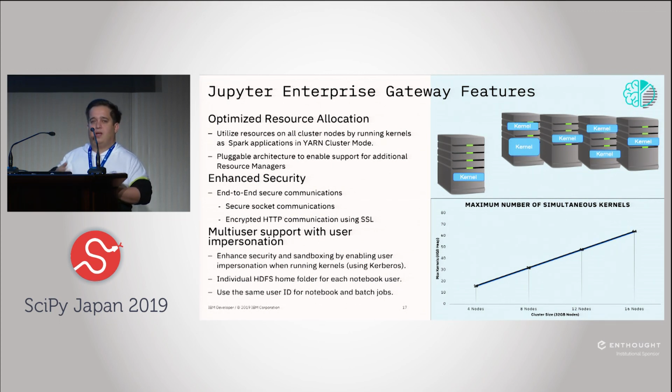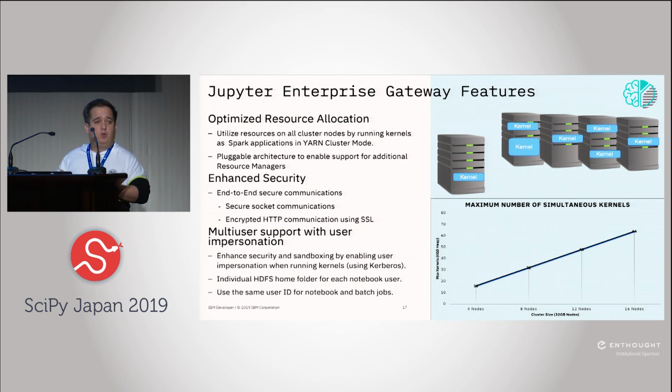If you're doing PySpark or distributed Dask, we also want to use those for the workers, etc. Because we are doing remote kernels, we wanted to make sure we had end-to-end security. So we do all the communications between Jupyter and the gateway, and between the gateway and the kernels, properly secured.